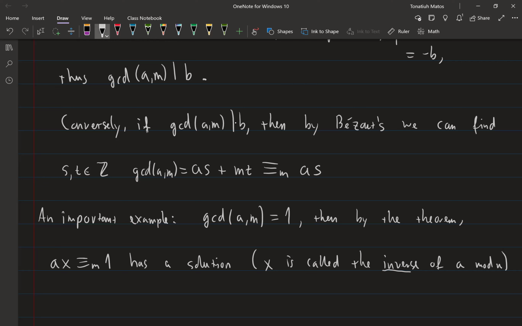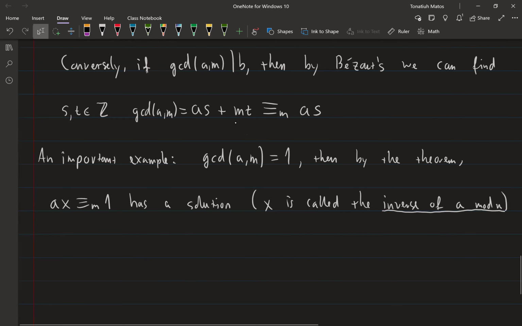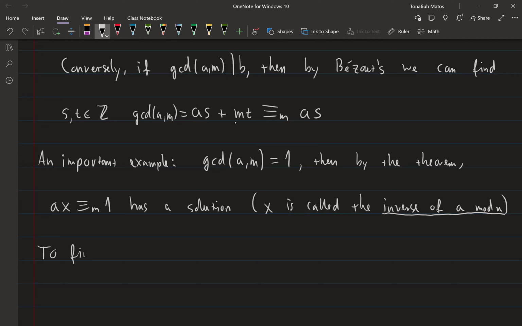And how do we find it? To find it, use the extended Euclidean algorithm to compute it. a and m are co-prime, right?